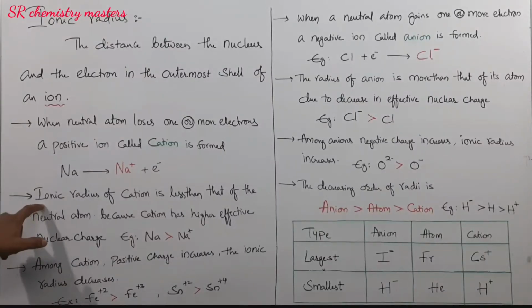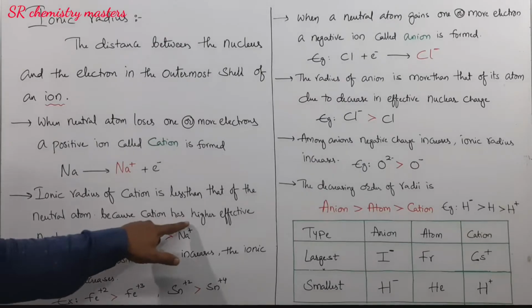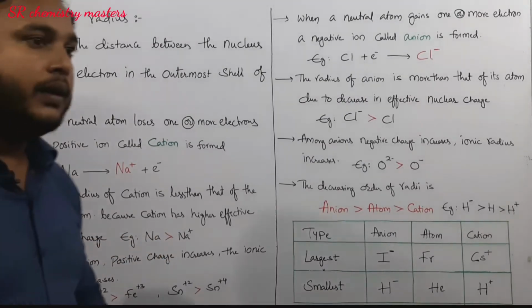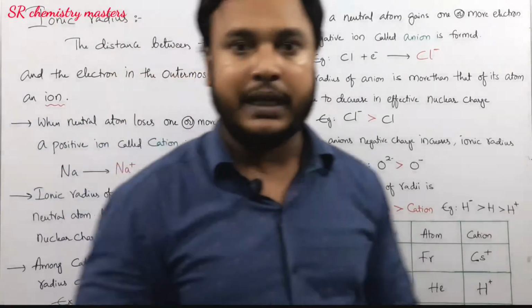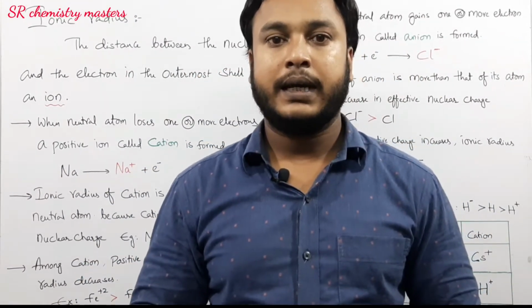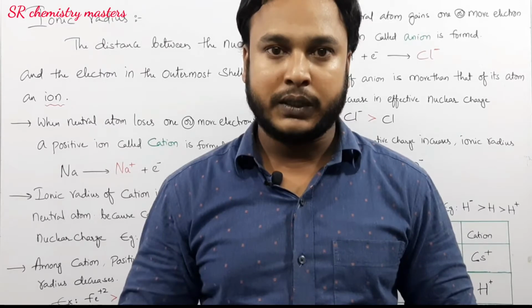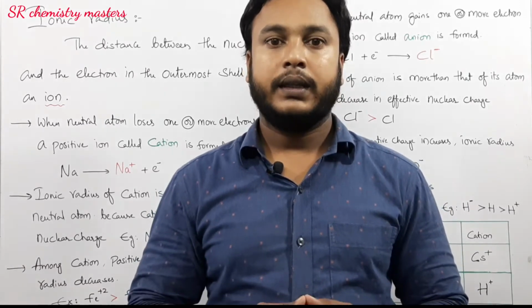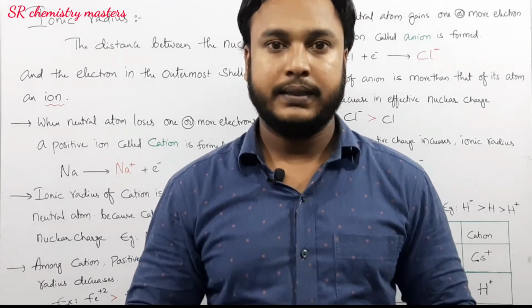The ionic radius of cation is lesser than that of the neutral atom because the cation has higher effective nuclear charge. As the electrons are removed from the atom, the positive charge is developed on the atom, and as the positive charge is developed, the nuclear charge increases.